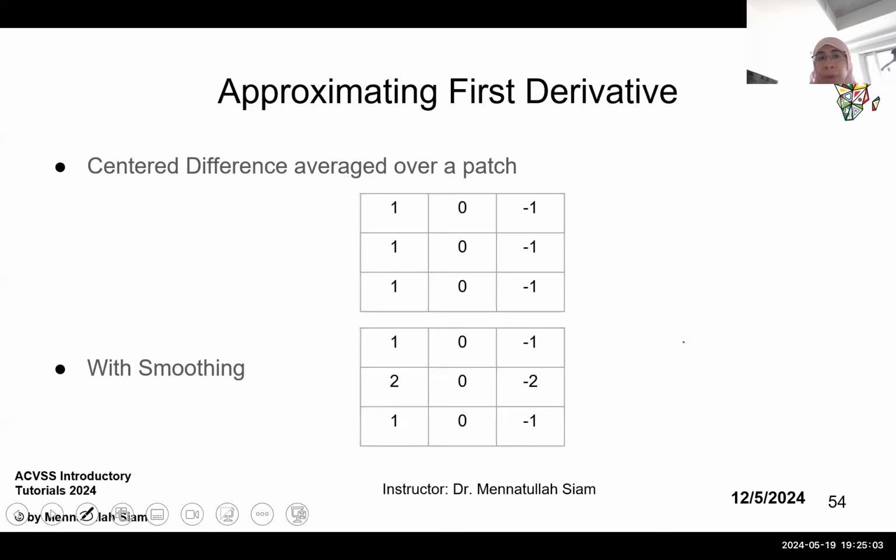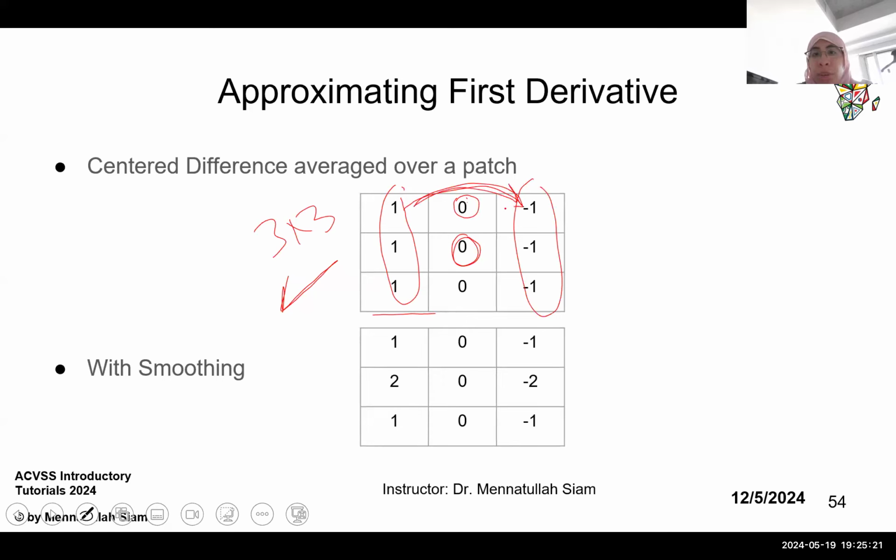If I have it, you can just represent it as a filter. Here, this is an average over a 3x3 filter. If I'm at this location, I look back minus ahead. This will give us the rate of change. You can do it even with smoothing, so that the pixels closer to the center have higher weight.